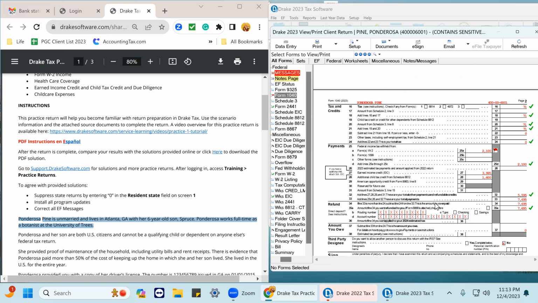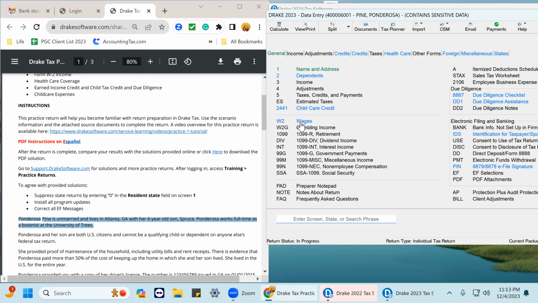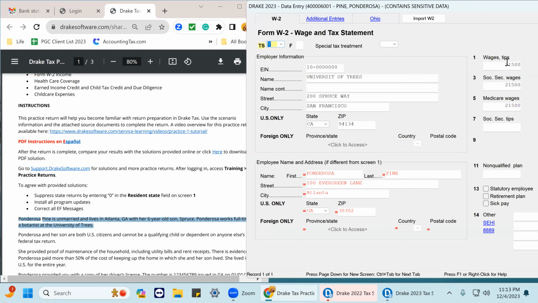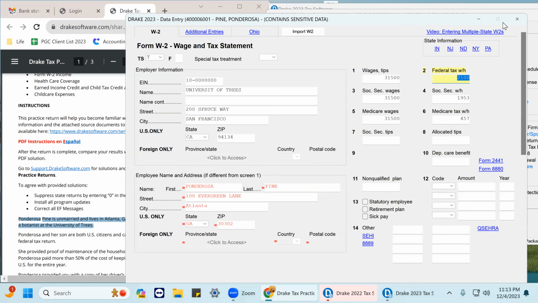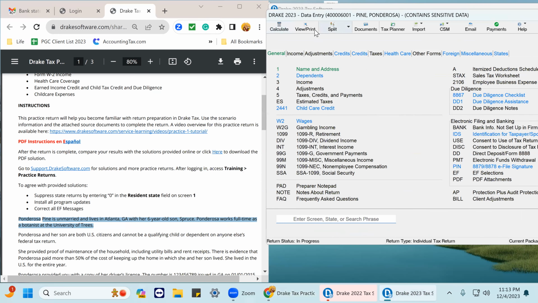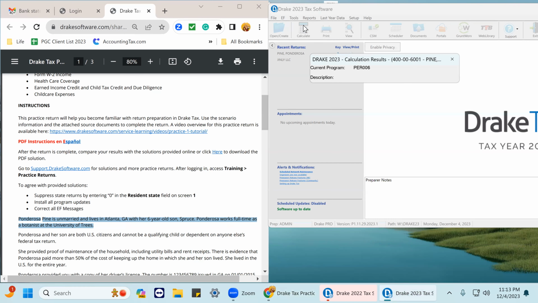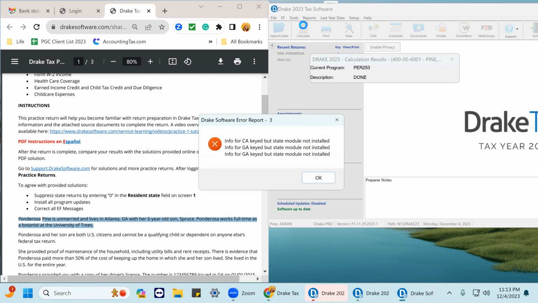Okay. So now let me change the scenario a little bit. Let me change this income to 31,000. I changed nothing except 10,000 more in income. So the whole scenario only changes by increasing the income by 10,000.